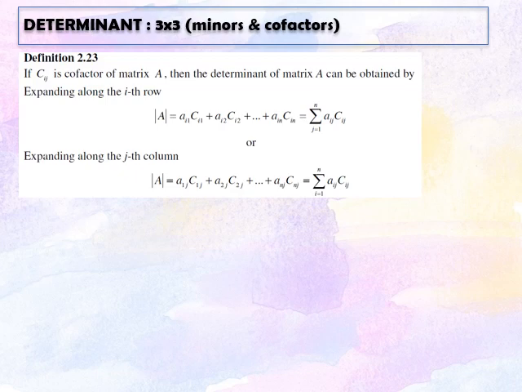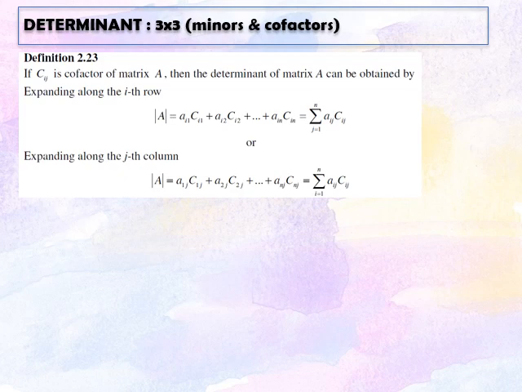If Cij is a cofactor of matrix A, then the determinant of matrix A can be obtained by expanding along the ith row or expanding along the jth column. Okay, you can use one column or one row to find the determinant.